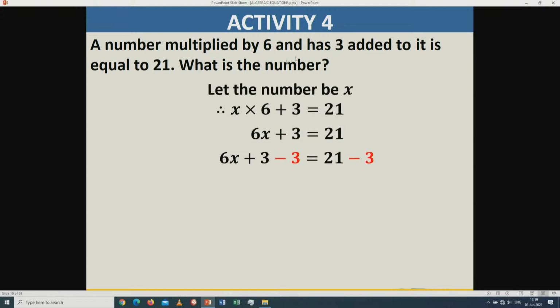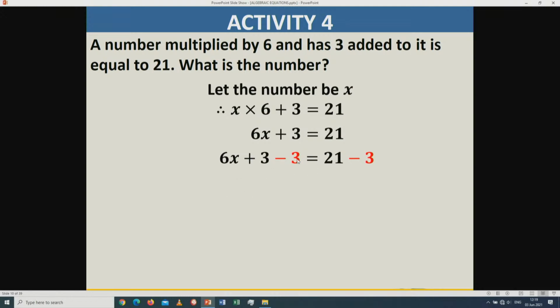So to counteract that, we must do the very same thing on the other side. So in this case, the idea is to isolate the term that contains the variable. So in other words, 3 must be subtracted on both sides, or we can say negative 3 must be added on both sides. It is one and the same thing.